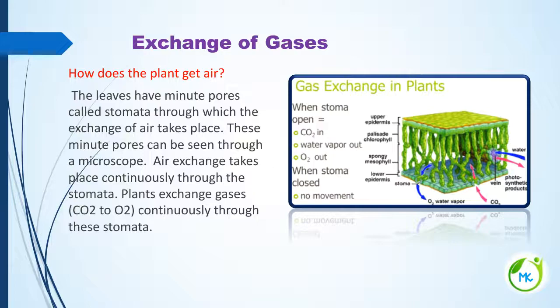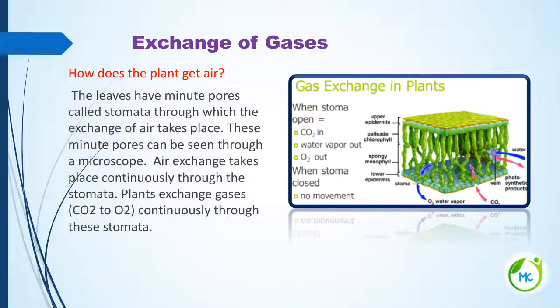These pores can be seen only through a microscope. The air exchange takes place continuously through the stomata, and the plant exchanges gases, carbon dioxide and oxygen, continuously through these stomata.